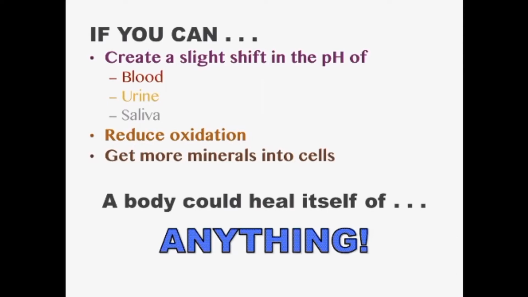Because in my biological medicine courses, what we were really concentrating on was pH, just like most of you. And what I discovered after getting my Enagic ionizer, and doing all this testing, is that it was the reduction of oxidation on the cell membrane that made it possible to create a shift in the pH of the blood, urine, and saliva.